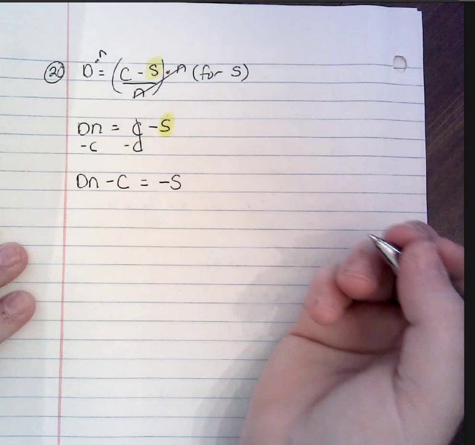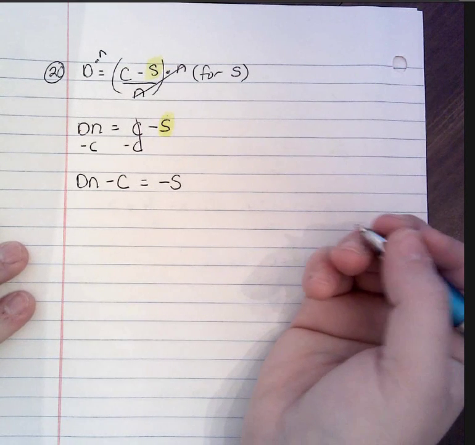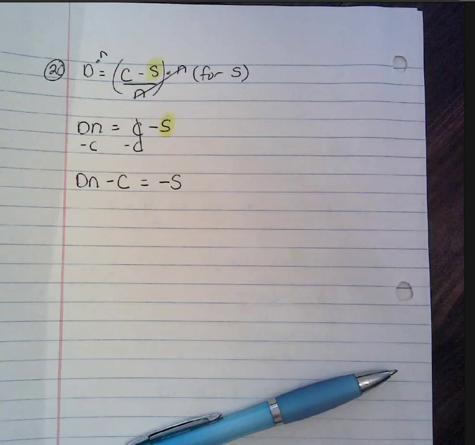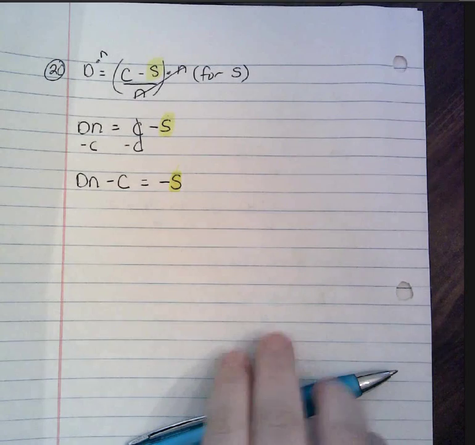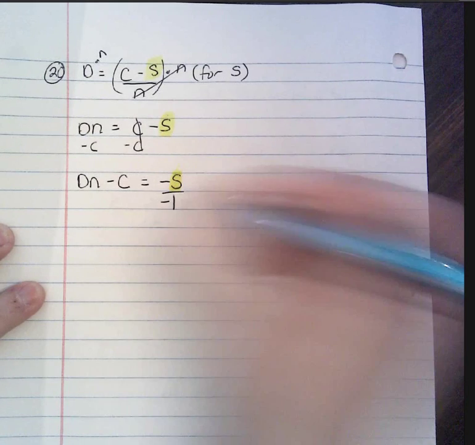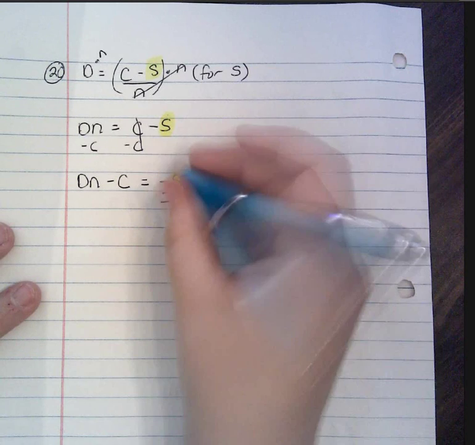Okay? So now we're going to have to get that s by itself, because we don't want to have a negative s. We want to have a positive s. So we do that by dividing by a -1. Because if you think about it, the number understood to be in front of a variable is a 1.